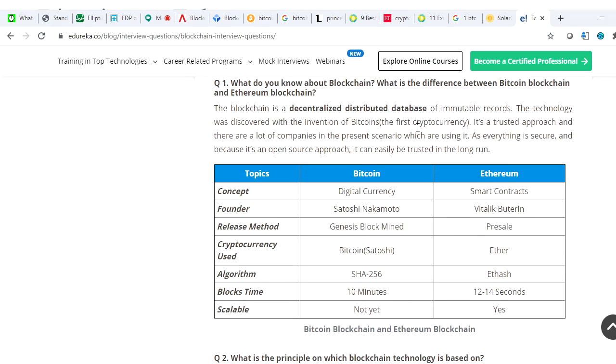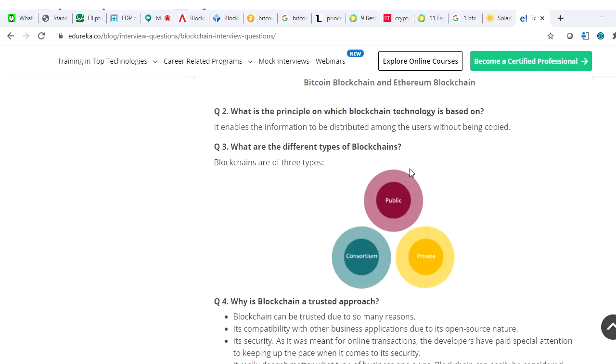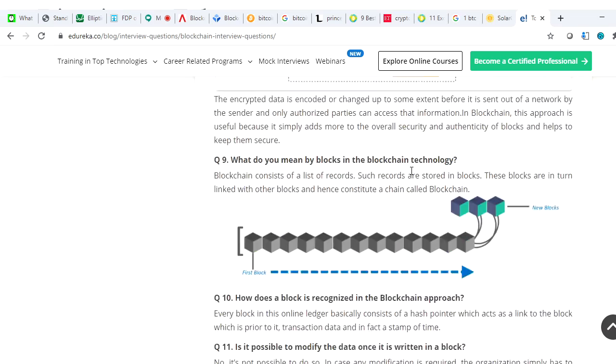What do you know about blockchain, and what is the difference between Bitcoin blockchain and Ethereum blockchain? These questions will also be helpful to you for teaching students, and for examination purposes or interviews.